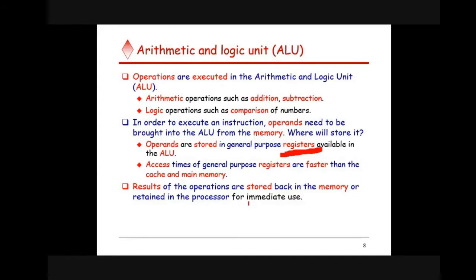Immediate results of the processing are stored in the registers, and all other results are stored back into the main memory once the computation completes. So that's all about the ALU. It does arithmetical and logical operations, the operands are taken from the main memory and stored in the registers, and the result of the computation is stored inside the memory.